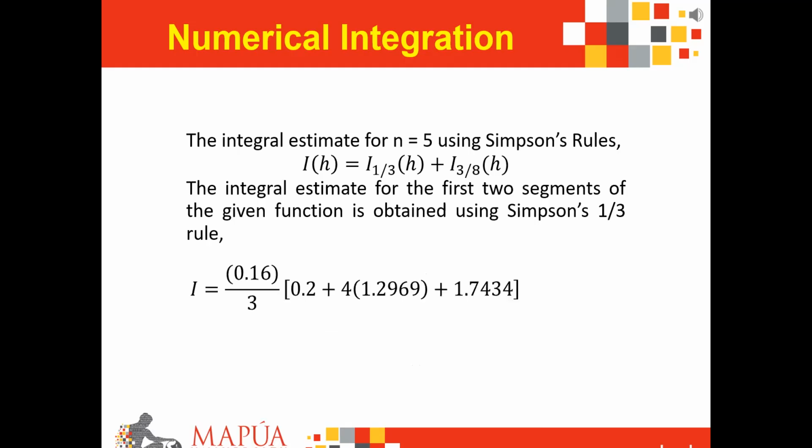Upon doing so, your 1/3 rule integral estimate would then be equivalent to h over 3, which is in this case 0.16 over 3, multiplied by our pattern of function: multiply the first function once, which is 0.2, multiply the next function 4 times, which is 4 times 1.2969, and multiply your next function once, which is 1.3474, giving us a summation equal to 7.131 and an integral estimate for the first two segments to be equal to 0.3803 square units.